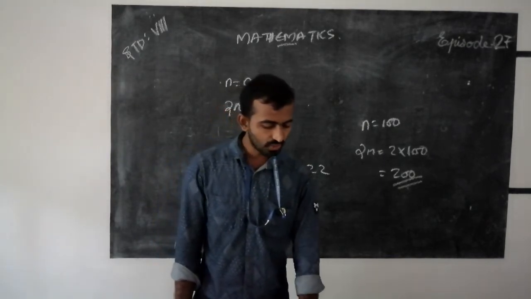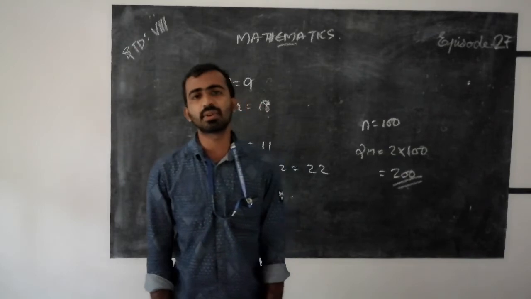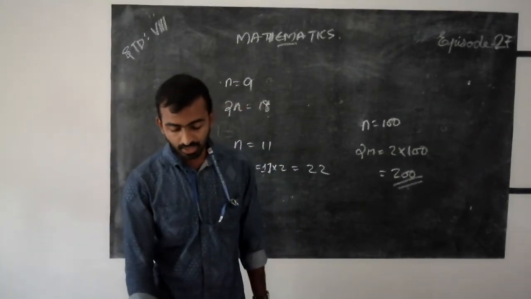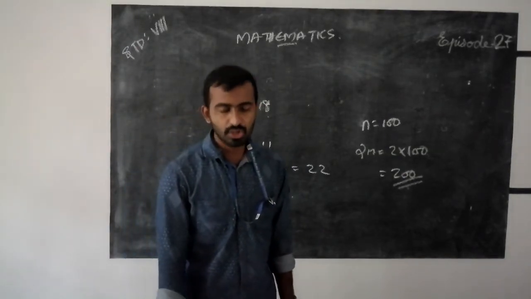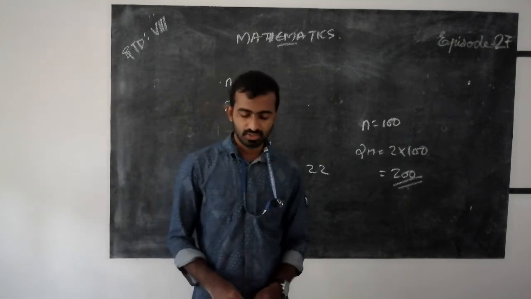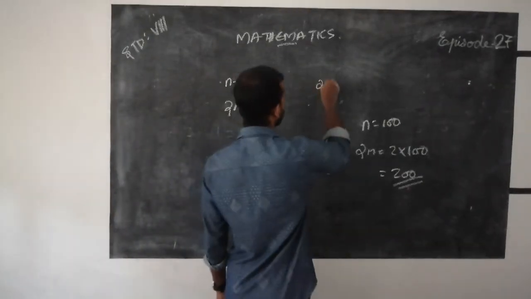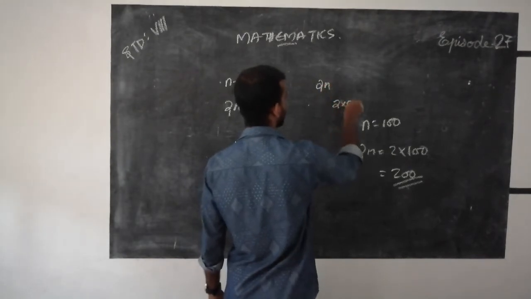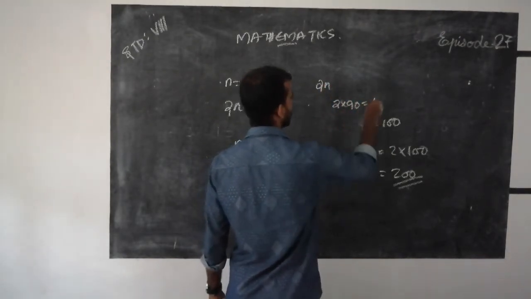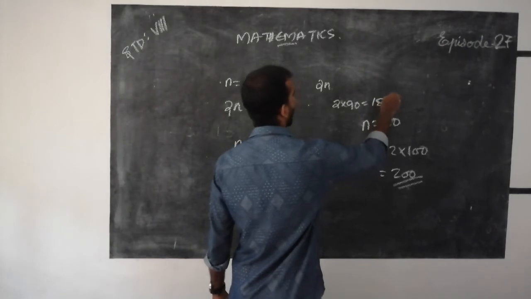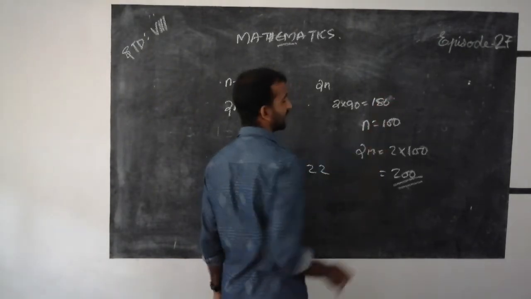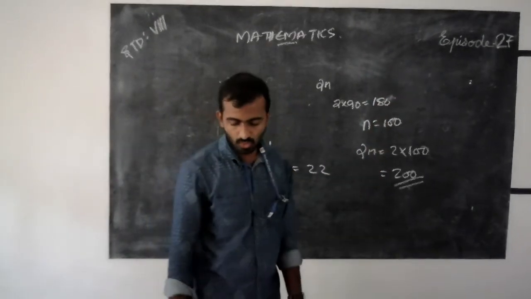And also 90 square and 91 square. That is 2n, which means 2 into 90, we get 180.